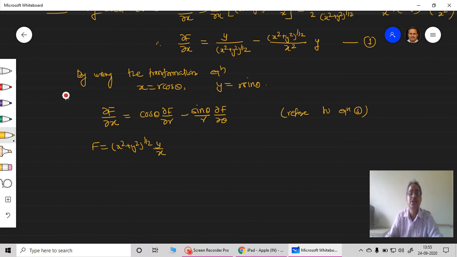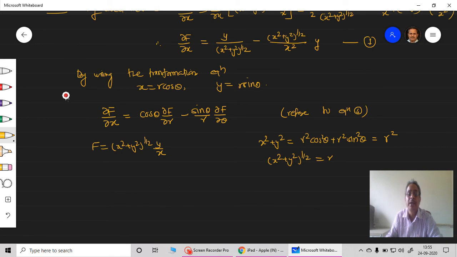Now if I have this x and y, I'll get x square plus y square is equal to r square cos square theta plus r square sin square theta. This can be written as simply r square. Therefore (x square plus y square) raised to half is nothing but r.